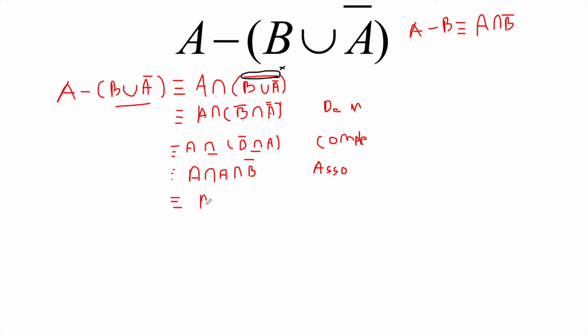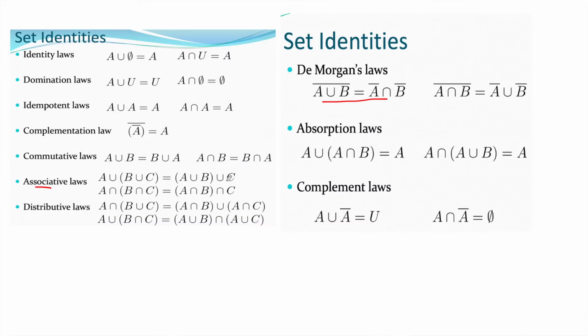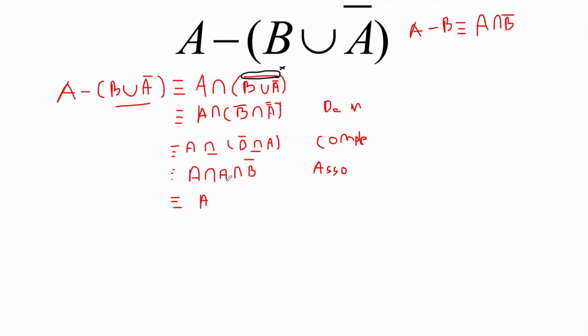So now A and A will give you the idempotent law. By using the idempotent law, this one will be A and B bar. So this one is the idempotent law.